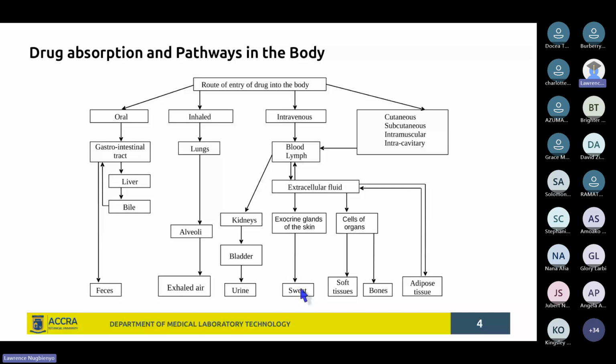You can have some of these, after it gets to some cells and some organs, get excreted through.